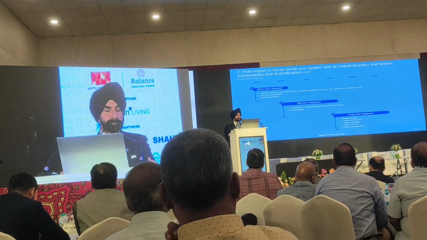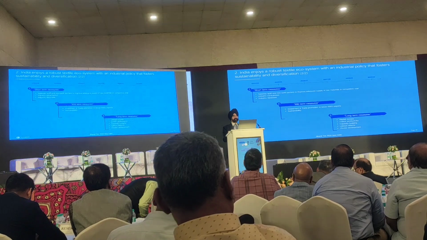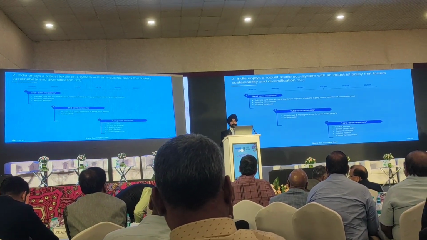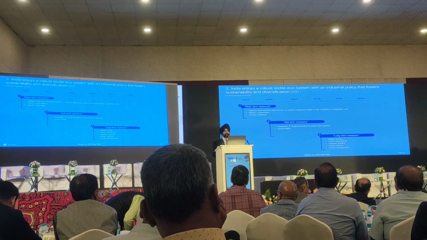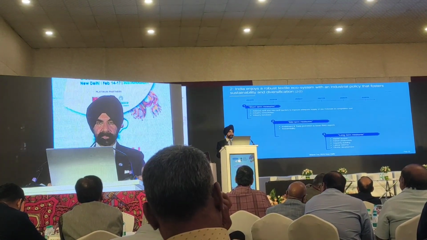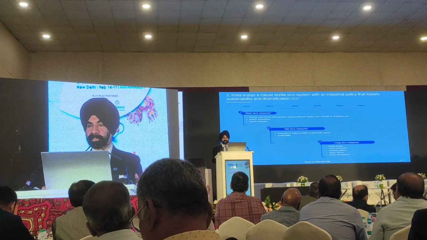The midterm measures, first is the investment, and especially the investment has to be driven by the garment industry. We need more and more garment factories, which will be really the engine for growth and sustainability. Sustainability is not something that the industry can achieve alone.